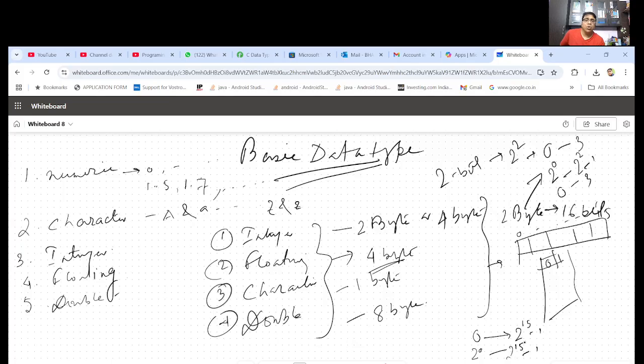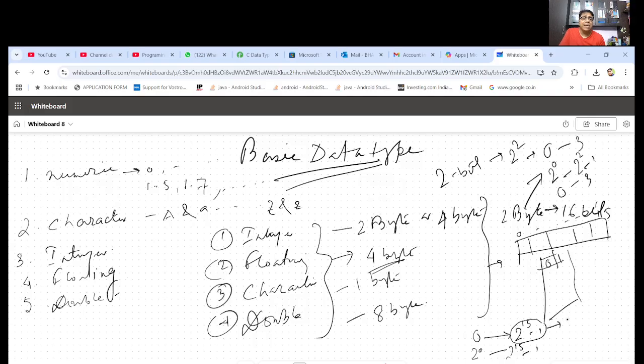If you take an integer variable, you can take any integer data, and it will never be out of the range of 2 to the power 15 minus 1. That's why we are explaining here the range of the data.